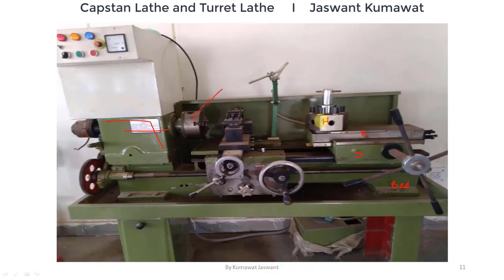The face of this hexagonal turret is having a center hole which is used to accommodate the tool holder. This is spindle of this hexagonal turret. This saddle houses the turret indexing mechanism. These are feed stop rods which are used to control the motion of the cutting tool mounted on these turret faces. This is ram traversing handwheel.